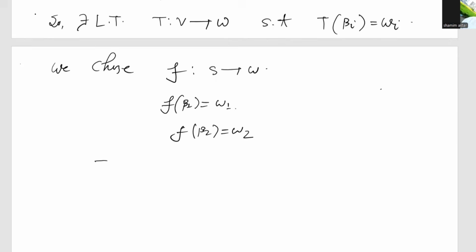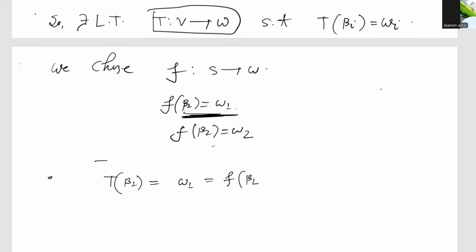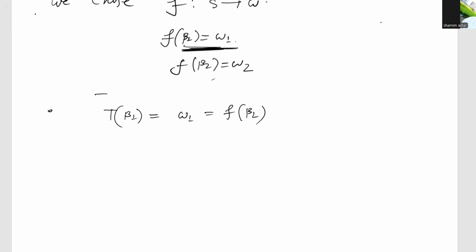Now we check whether this linear transformation T is an extension or not. T of beta 1 equals W1, which equals f of beta 1, and T of beta 2 equals W2, which equals f of beta 2.